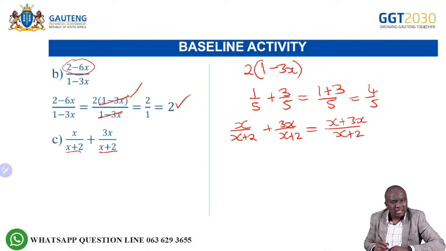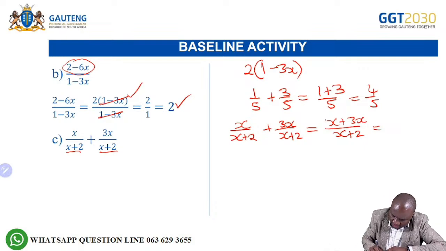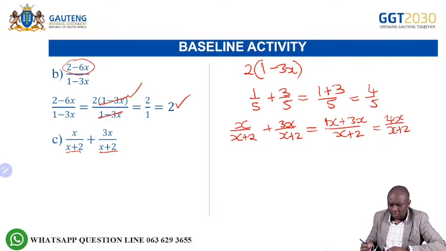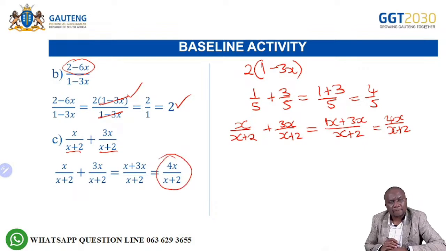You see that? And then what is x plus 3x? These are like terms. So we can add like terms. We can simplify like terms. So 3x, this is like 1x. 1x plus 3x is 4x over x plus 2. You see that? So this is what you're supposed to do there. And then we have our answer there.